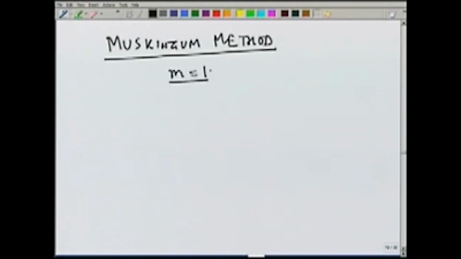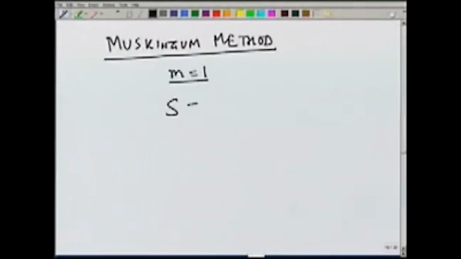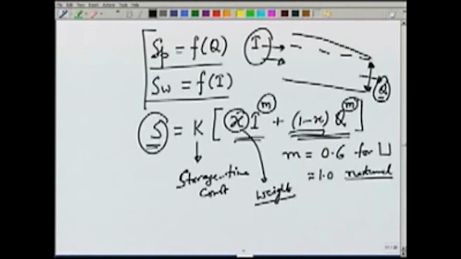So, the equation which is written for S in terms of I and Q is some function K times x I plus 1 minus x Q. So, as you can compare with the previous equation, this M value is taken as 1 in the Muskingum method.